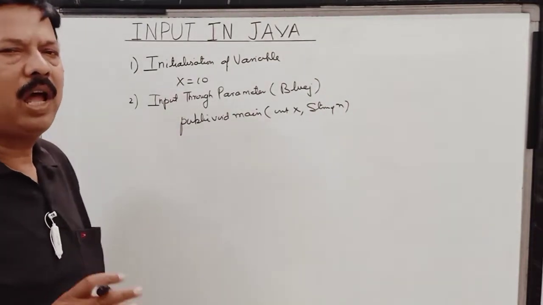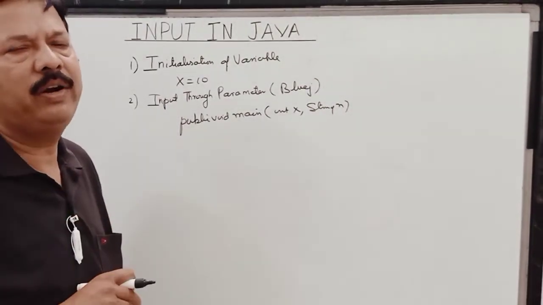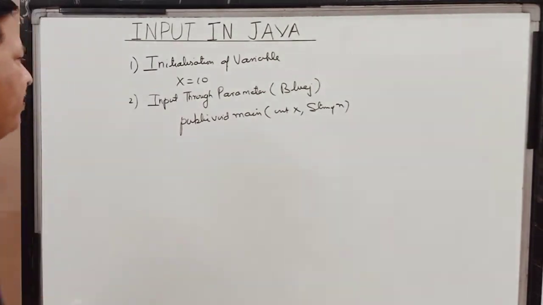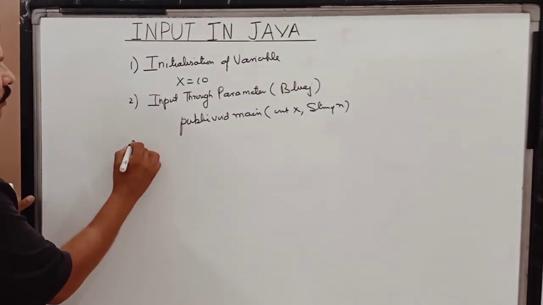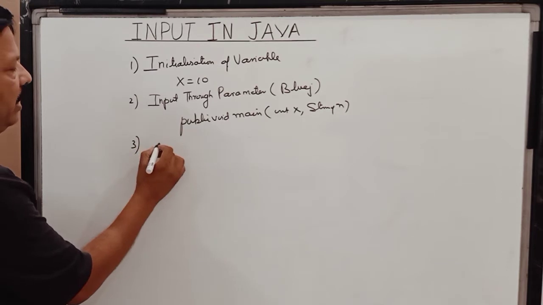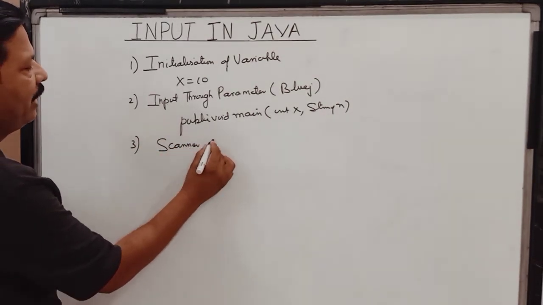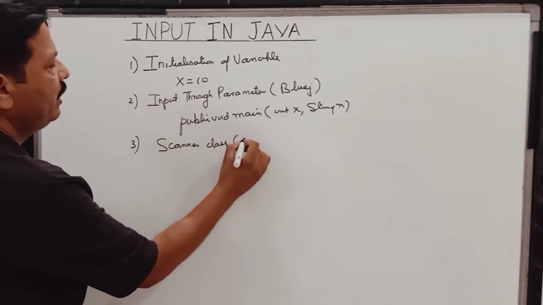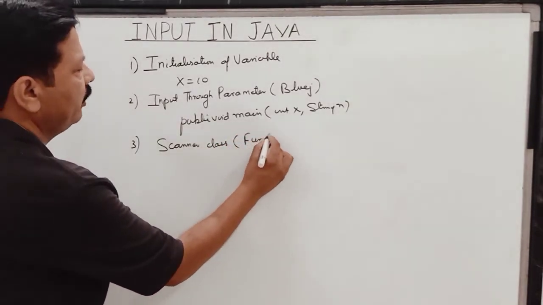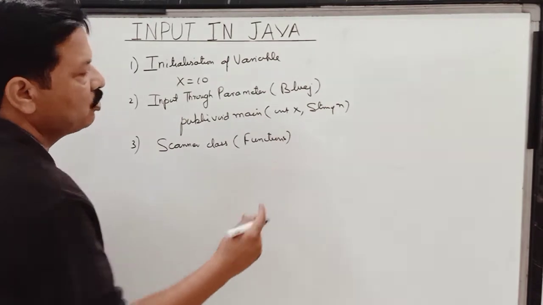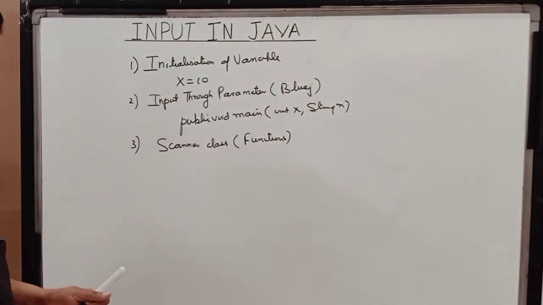And children, now we also have two methods through which we can enter value, and the third method which we are going to study today is through the scanner class. So we have a scanner class, and in the scanner class we have some functions which help us to input value in the program.